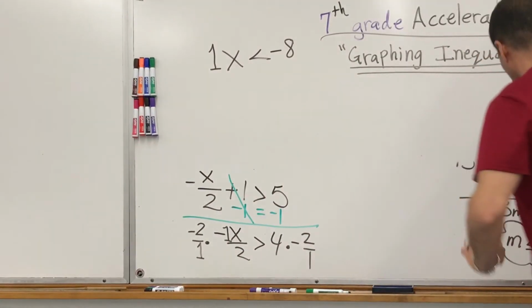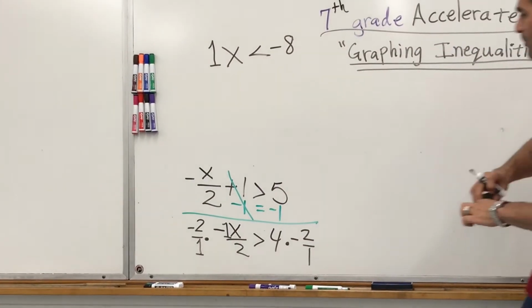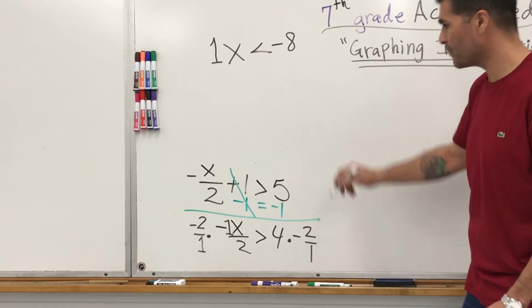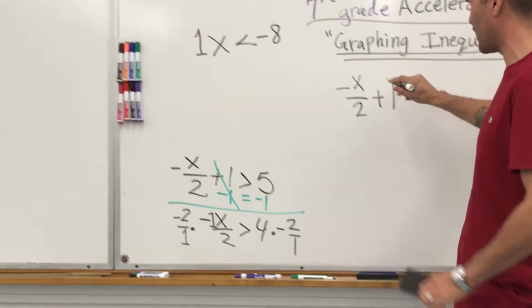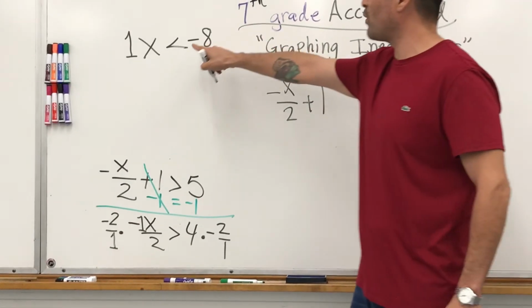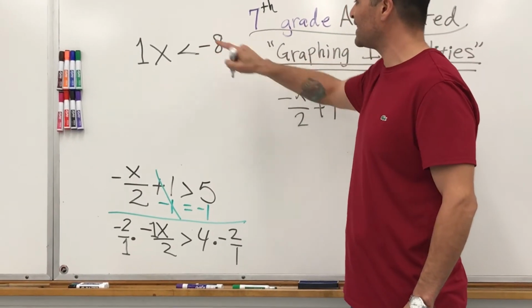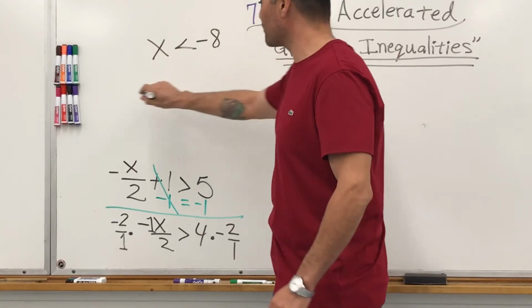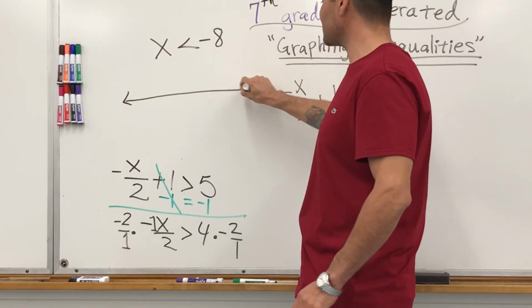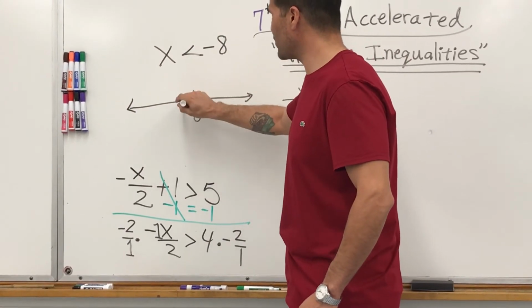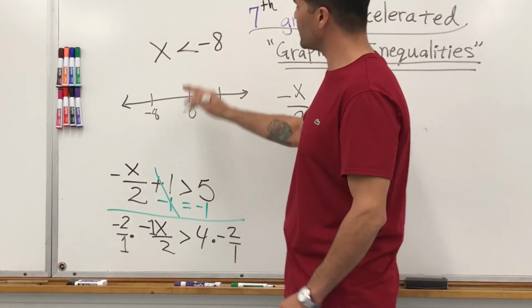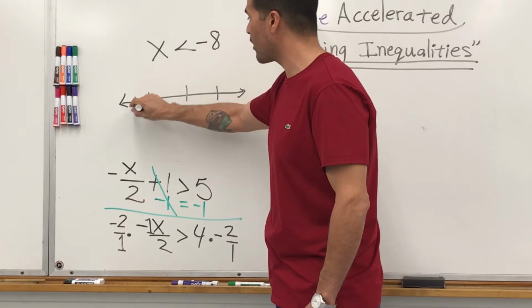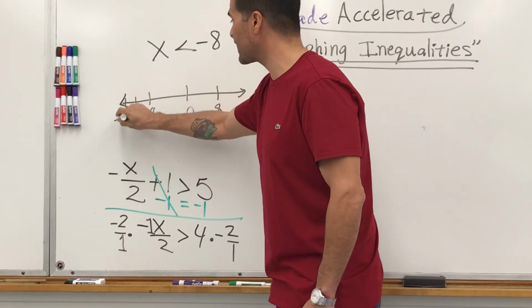It switches the other direction because what ends up happening here is if you have -x divided by 2 plus 1, we have to think about what numbers are less than -8. On a number line, the numbers that are less than -8, if we go out to -8 here, are -9 or -10.